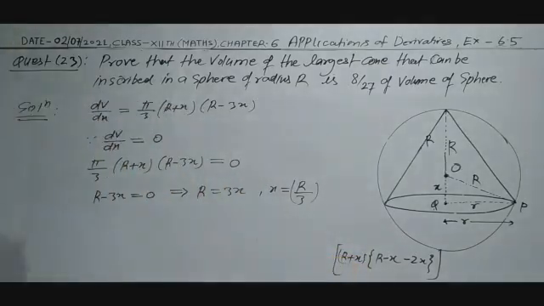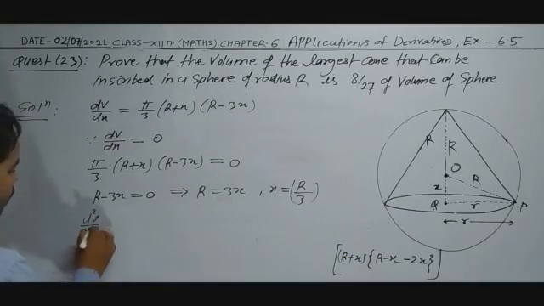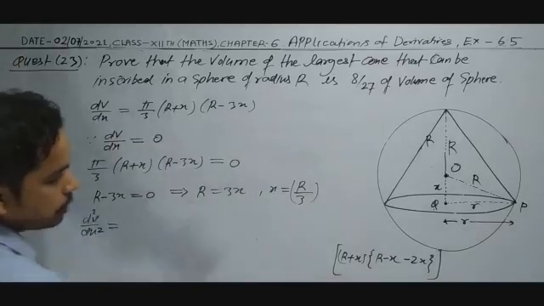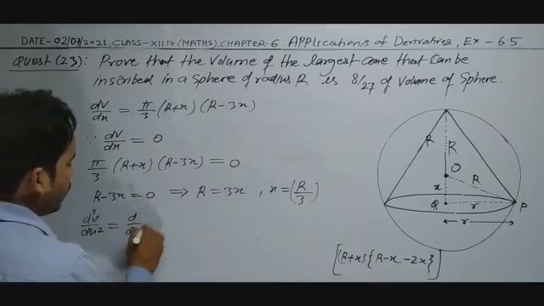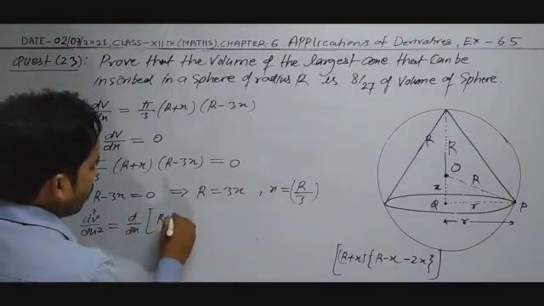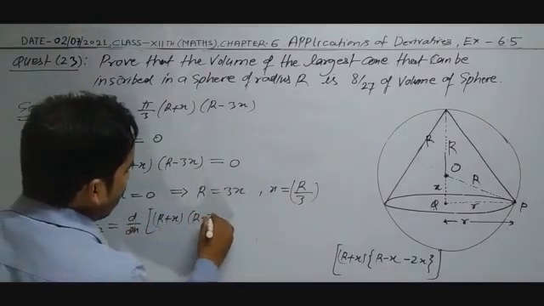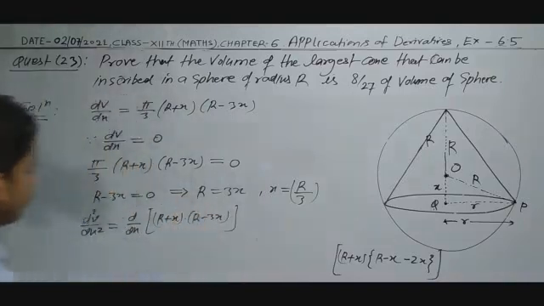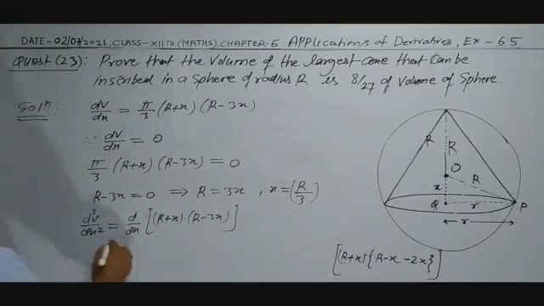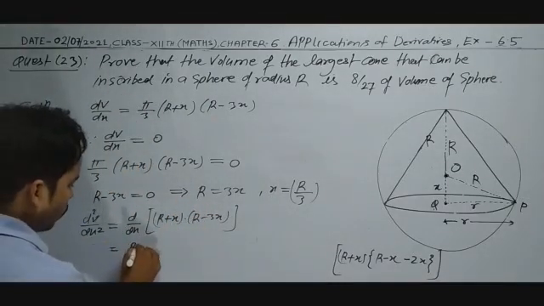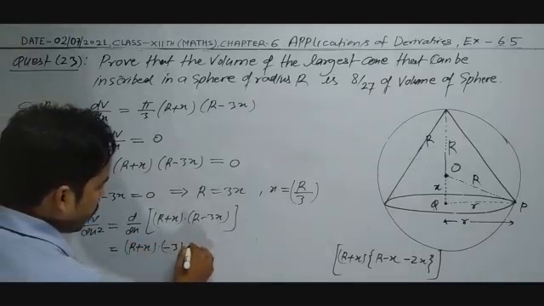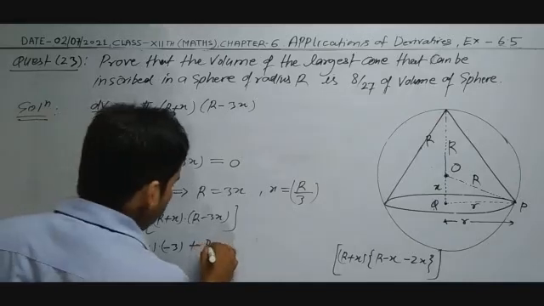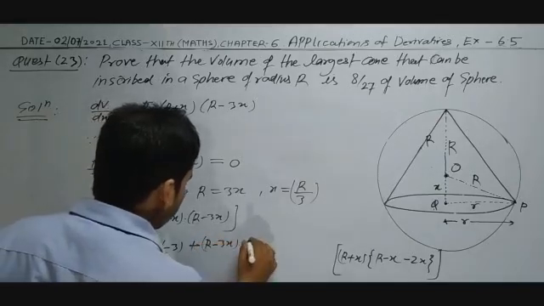This is the first derivative. Now d2V by dx2 will be d by dx of R plus x into R minus 3x. Again by using the product rule: first function into derivative of second function, which is minus 3, plus R minus 3x into 1.